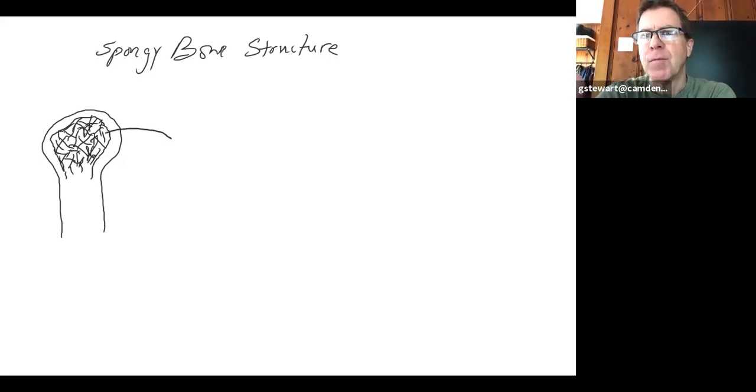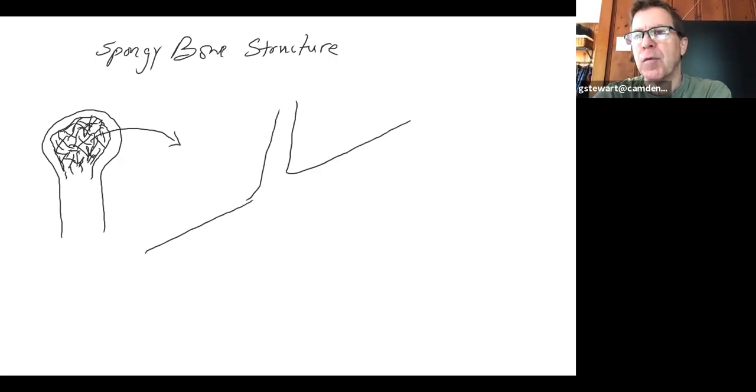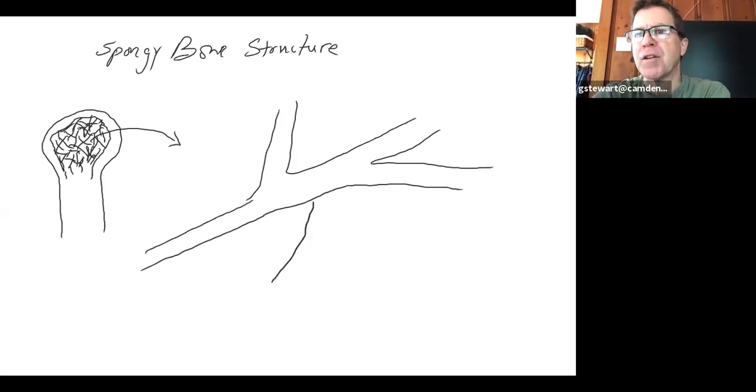So what I'm doing is I'm going to magnify that spongy bone structure and draw these really big. Now these are tiny in real life. These are little tiny bone needles that branch like this, and they're sort of interwoven between each other.